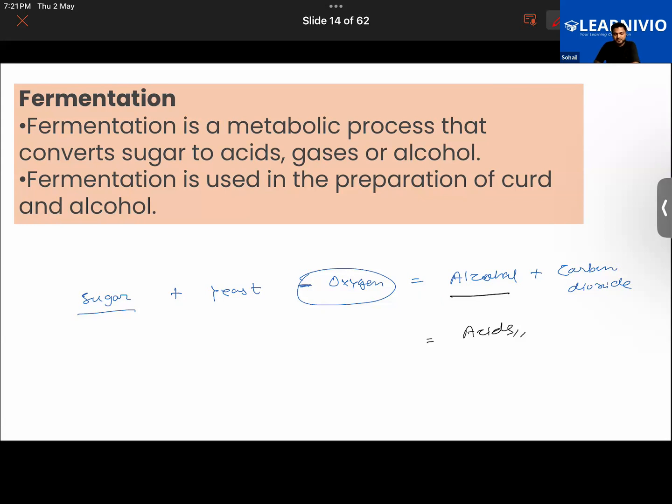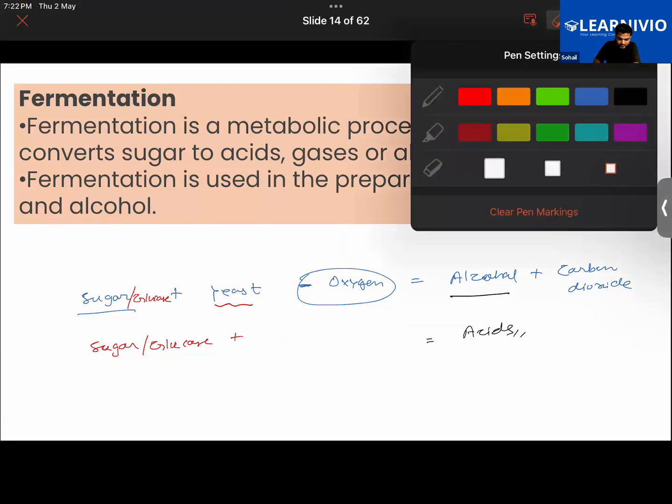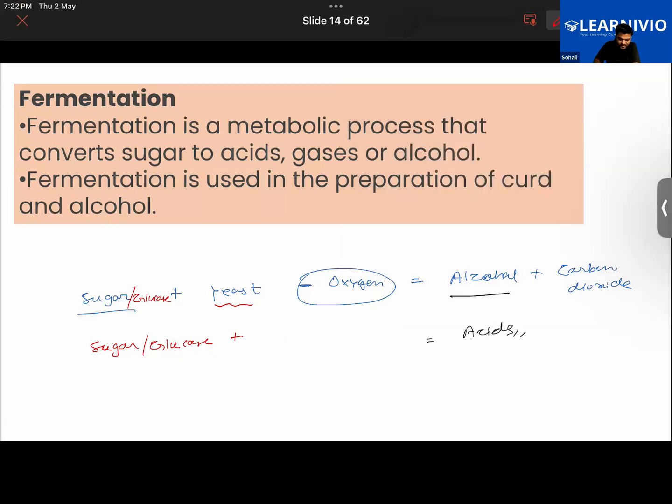For example, instead of using yeast, you take sugar or glucose, and let's say you add Aspergillus. You guys know what Aspergillus is, right? We have discussed that in the class. It's not a fungal disease, it is in itself a fungi.